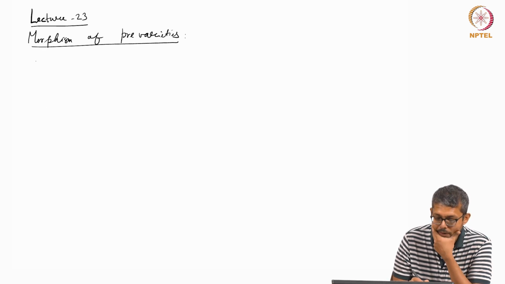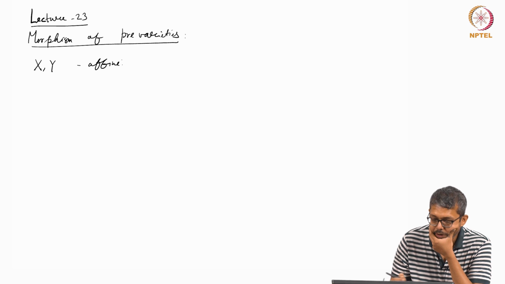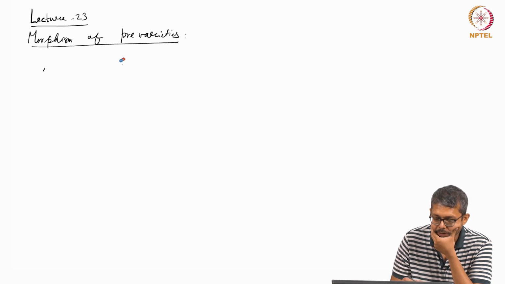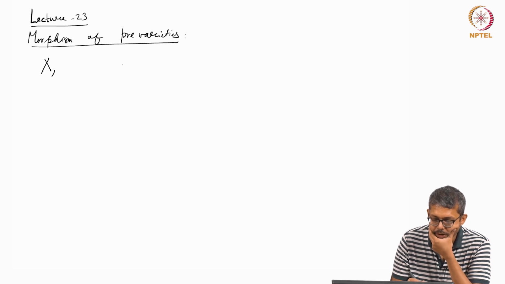See, in the affine case, when X and Y are affine, the general definition is that if you have a pre-variety, it means you have some X, and X is a topological space.